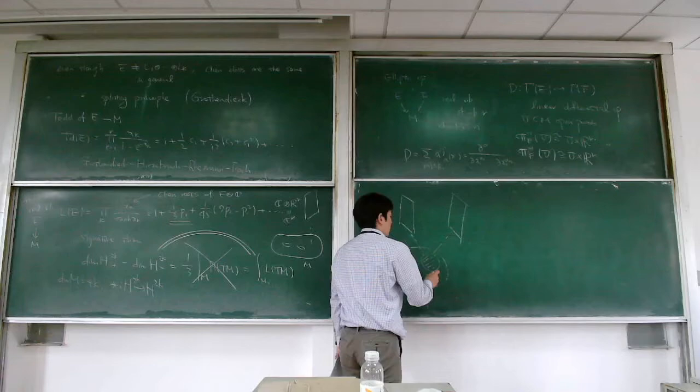Given a point P, one can differentiate, and this will give you some vector. This vector can be understood as partial to the alpha_1 over partial x_1, up to alpha_n over partial x_n.